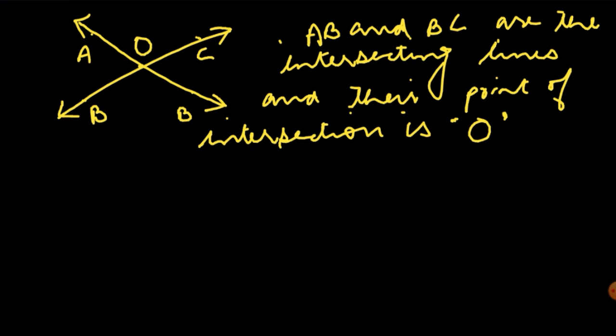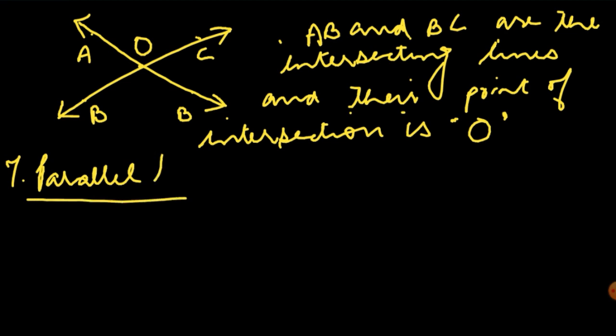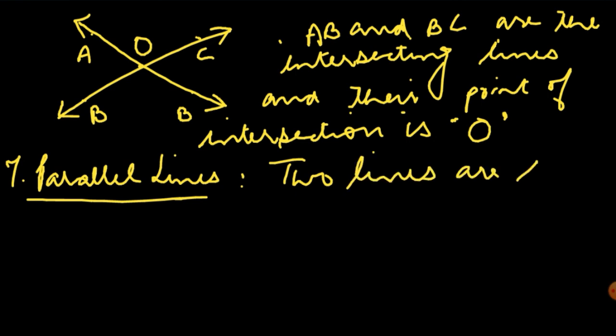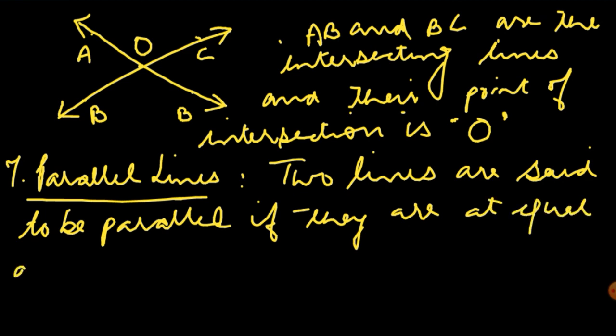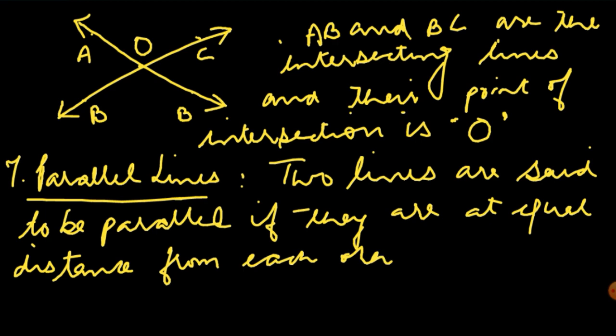Now the next comes parallel lines. Two lines are said to be parallel if they are at equal distance from each other.